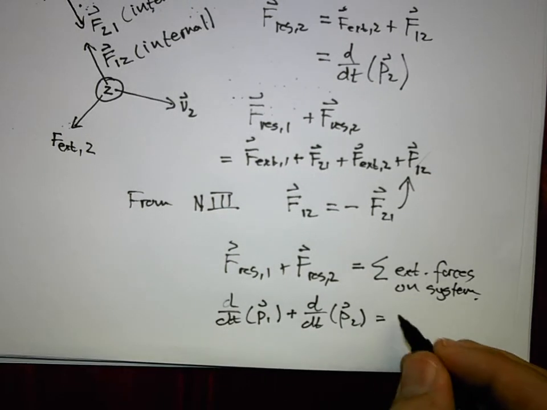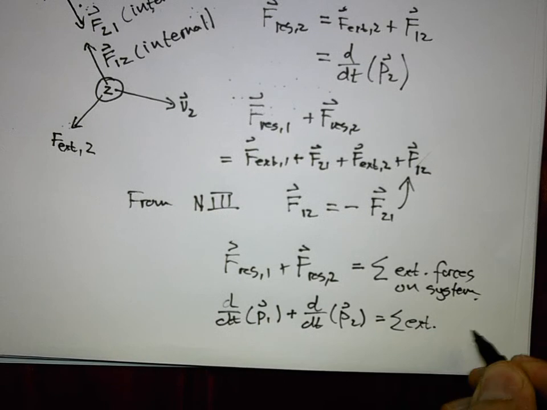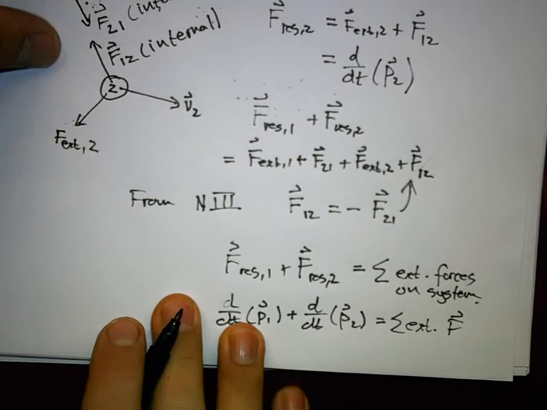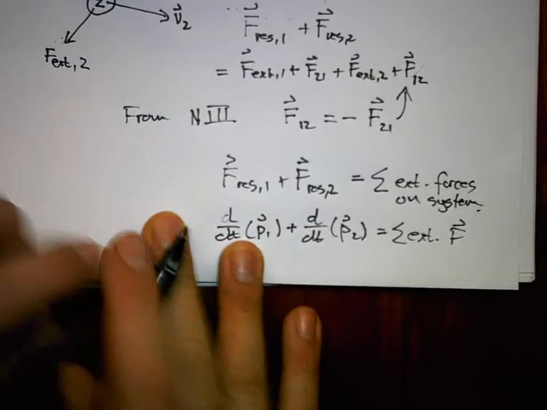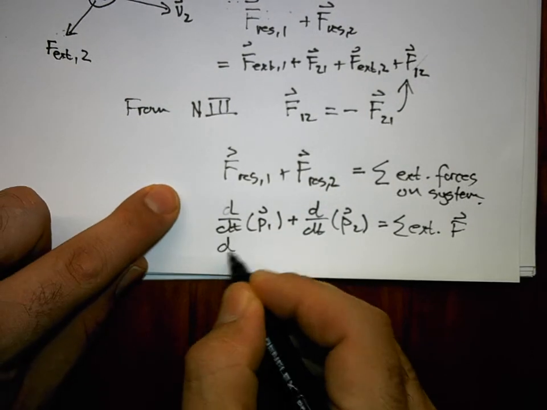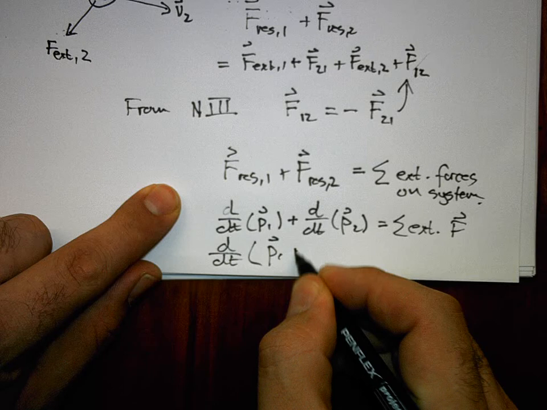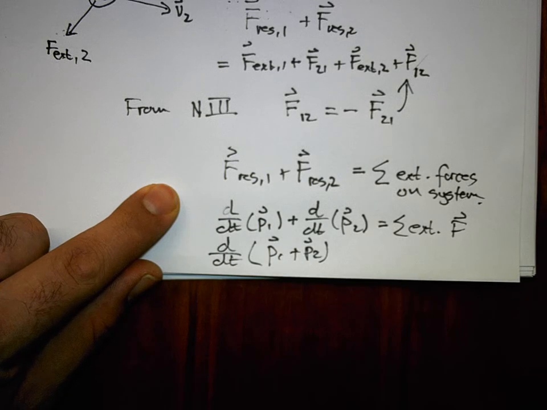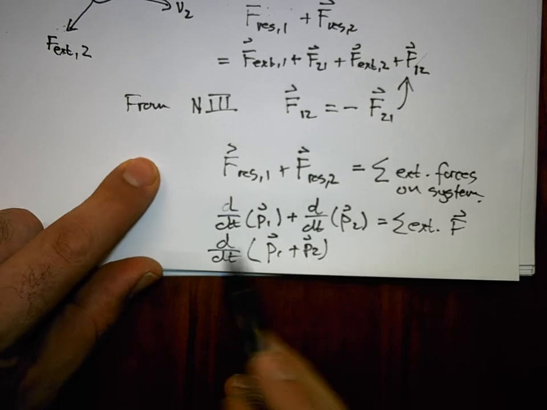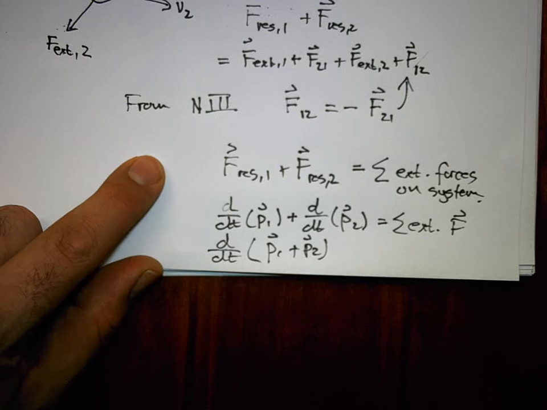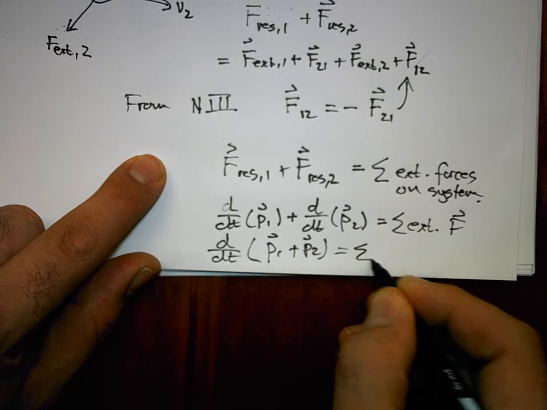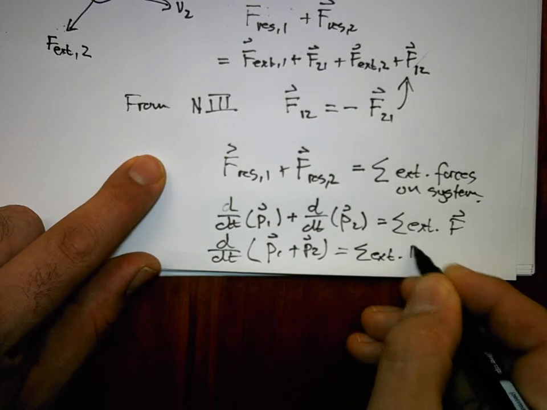And this is now equal to the sum of the external forces. We can write this as the time derivative of the sum of the momenta, P1 plus P2. Right, so if I just differentiate, I get exactly what's there. This is now equal to the sum of the external forces.